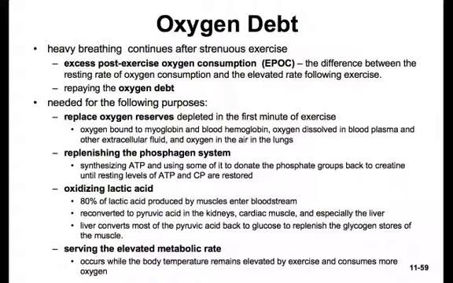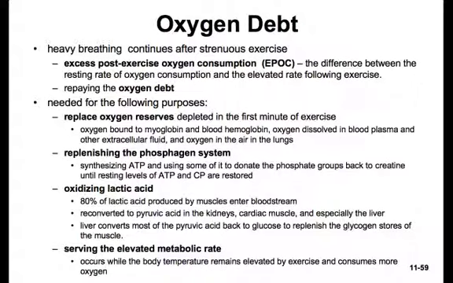So, when you've had a period of high exertion, you've probably noticed that the heavy breathing continues after that strenuous exercise. This happens because your body has accrued an oxygen debt, which needs to be repaid. So by inhaling more oxygen, we're paying off that oxygen debt.